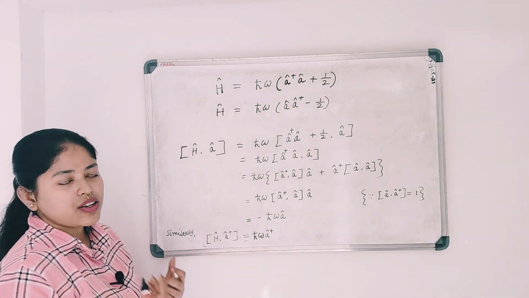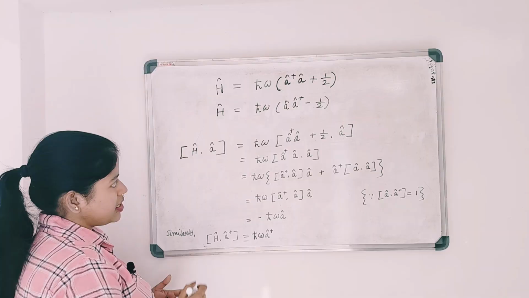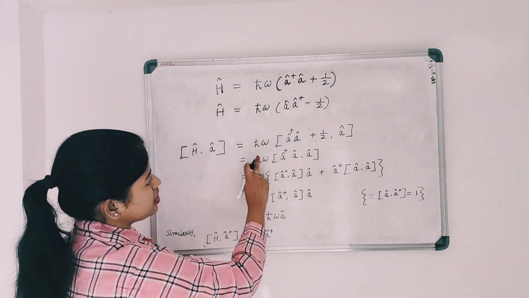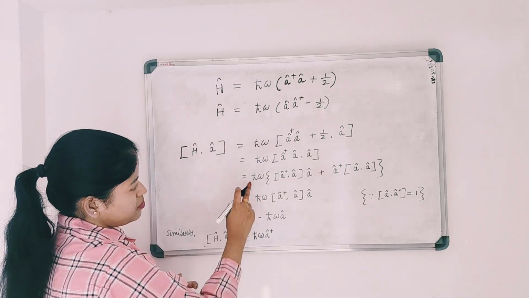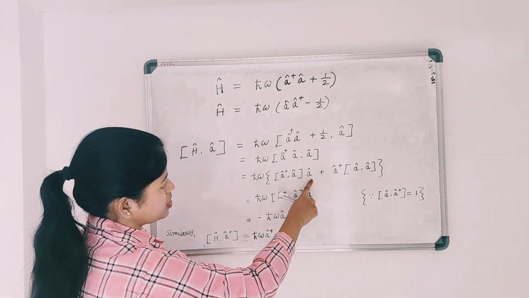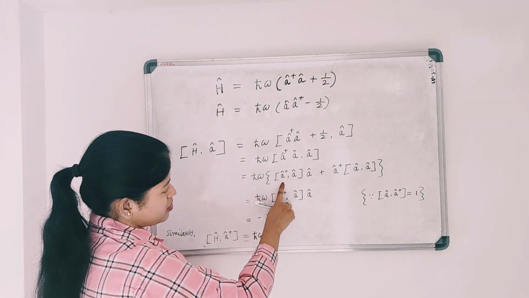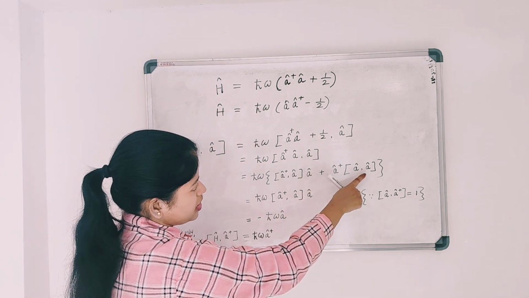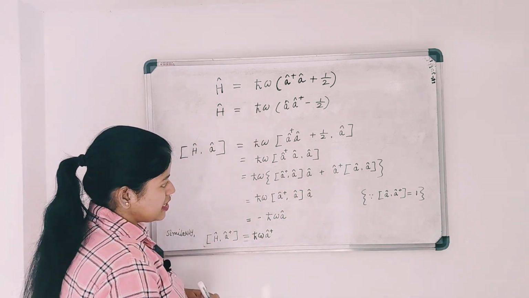Now we're going to consider the commutation relation between h cap and a cap. So the commutator of h cap and a cap, putting the value of h cap in this expression, we get this, and if we apply the rules of commutation, we get h cut omega times the commutator of a dagger a with a, and a commutator with a cap and a cap multiplied with a dagger.